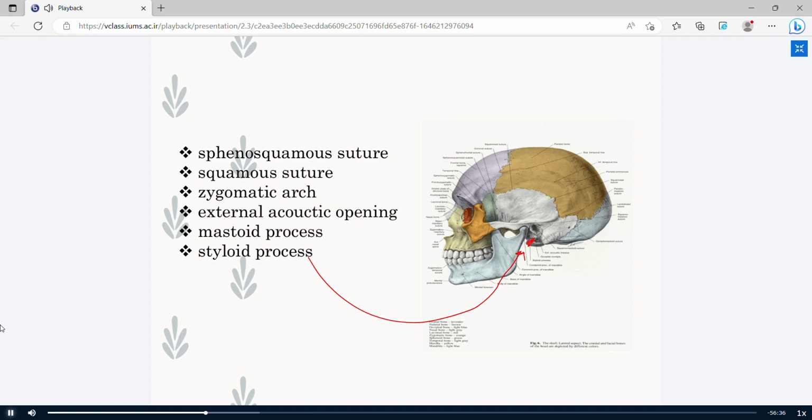For example, the stylohyoid muscle and other muscles insert to the styloid process. The styloglossus and stylohyoid insert to this projection.